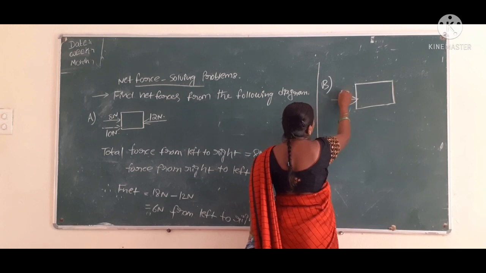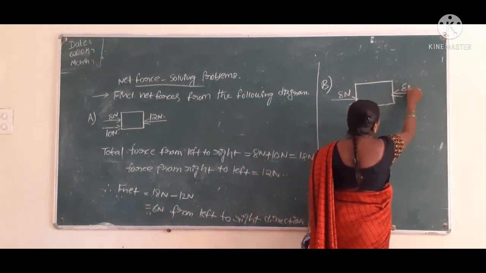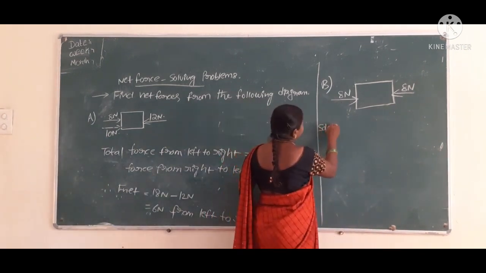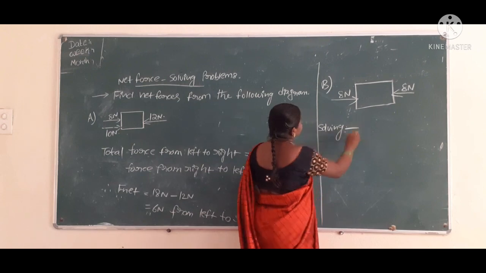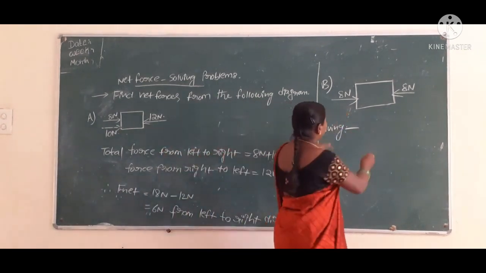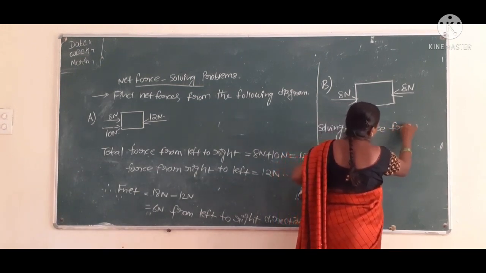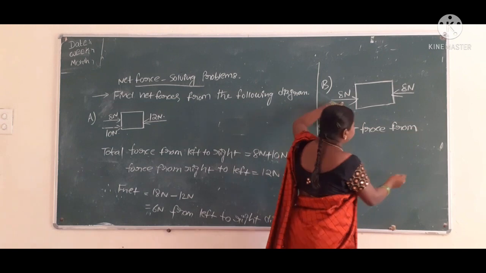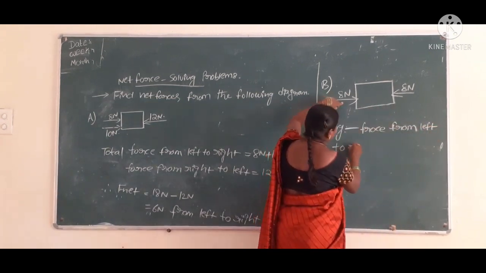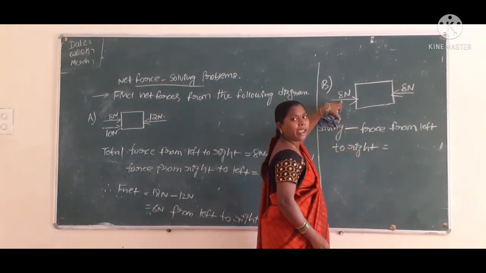Left side 8 newtons and right side 8 newtons. Solve. The force from left to right is equal to 8 newtons.